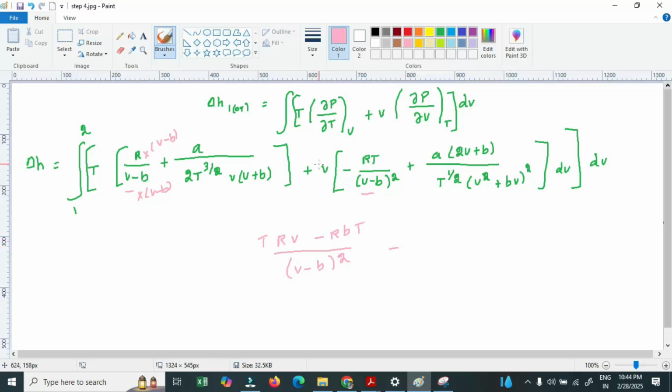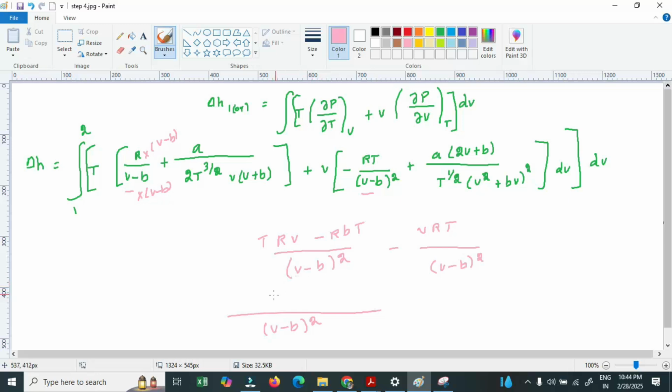So we have a common denominator, V minus B power 2, and VRT minus VRT will be cancelled out. I'll be having minus RBT. So if we combine these two terms, we'll get minus RBT divided by V minus B squared.